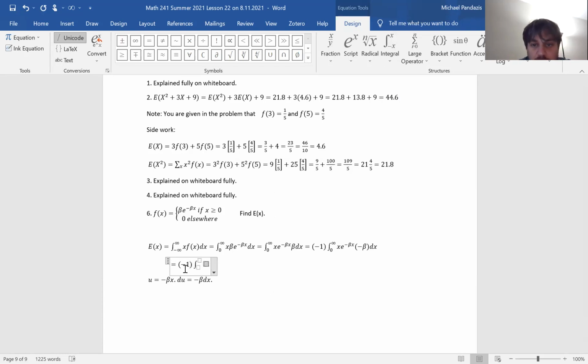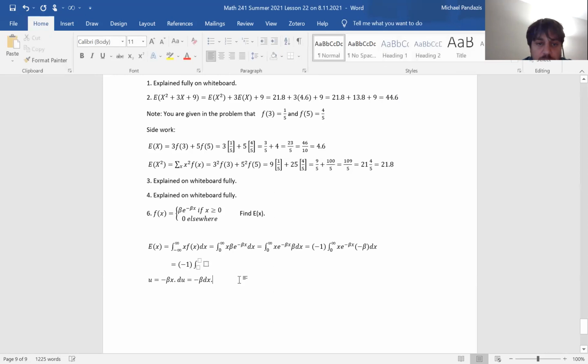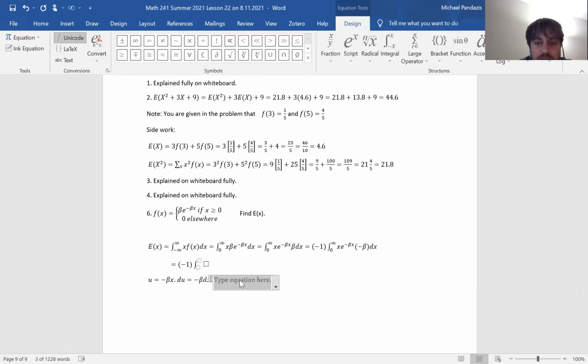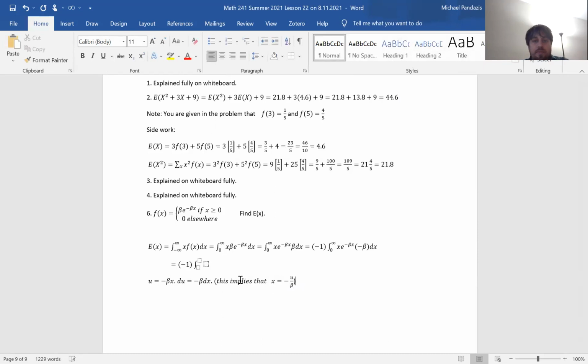And then if u is negative beta x, then this implies that x is negative u divided by beta. Right?